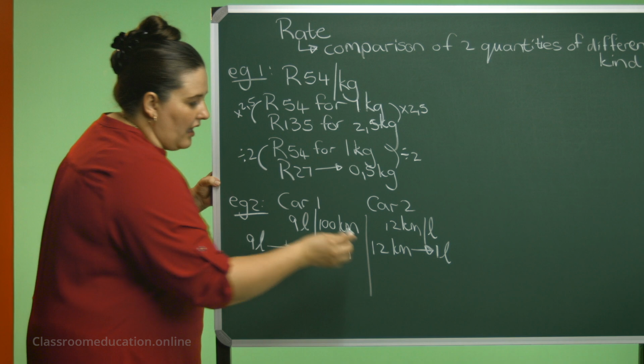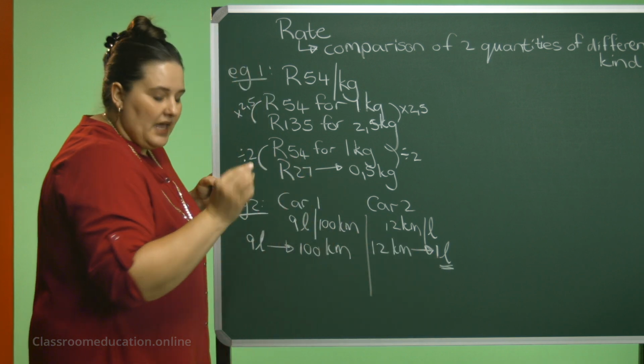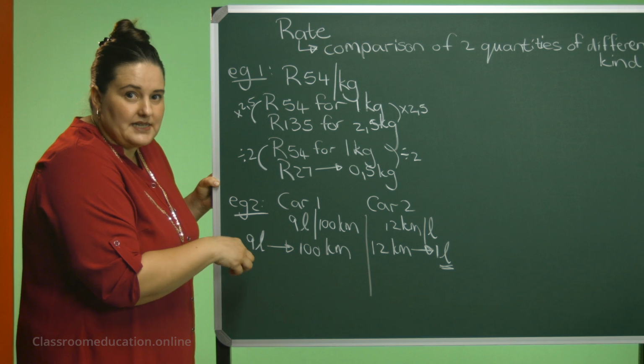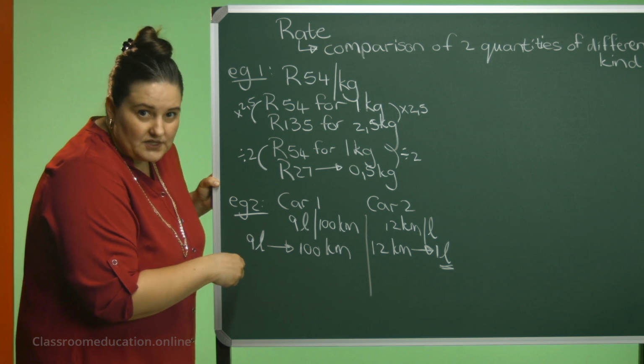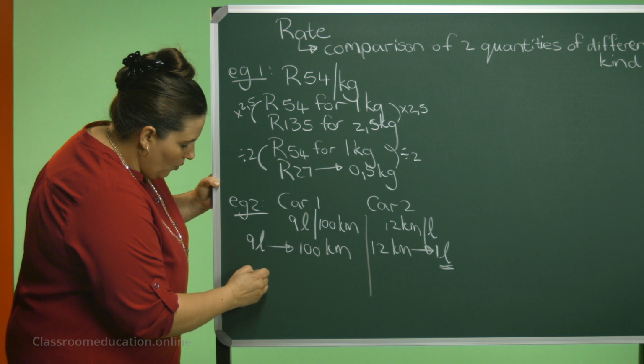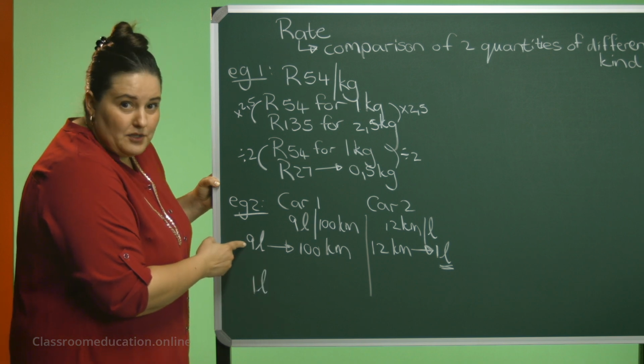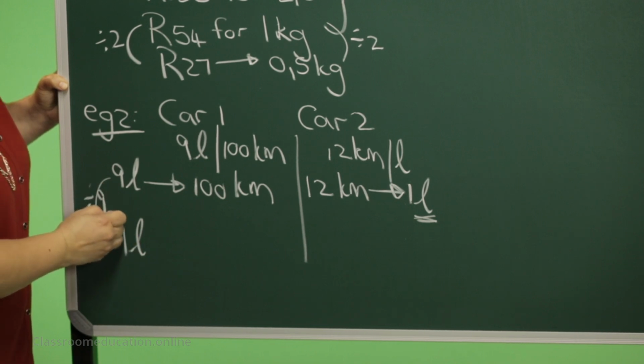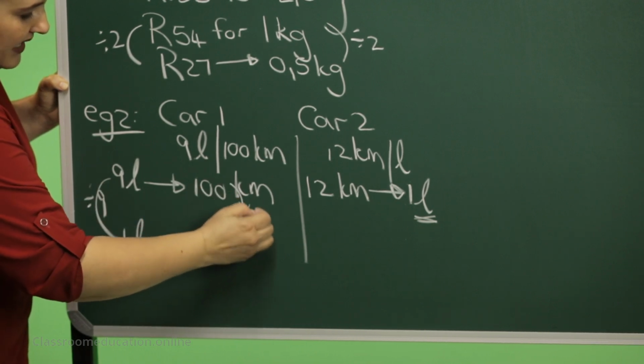So I think I have there 1 liter. If I can change here the 9 liters to 1 liter, then I can make a comparison. So I would like to have 1 liter. To be able to have 1 liter, I'm going to divide by 9. But then I need to do it there as well.